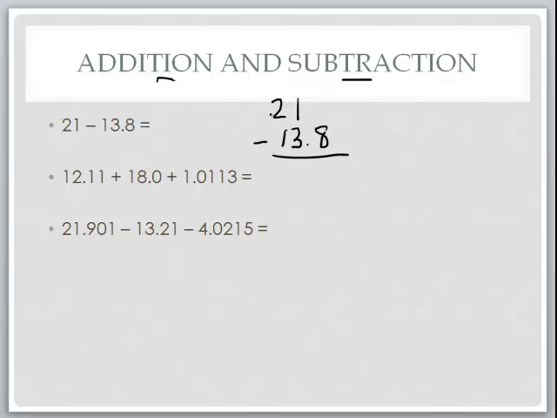So in other words, we don't care that there's 2 sig figs and 3 sig figs. What we care is the placement of the last digit to the right. In other words, this place is the ones place. This place is the tenths place. We pick the placement that's least precise. In other words, the ones place is less precise than the tenths place.